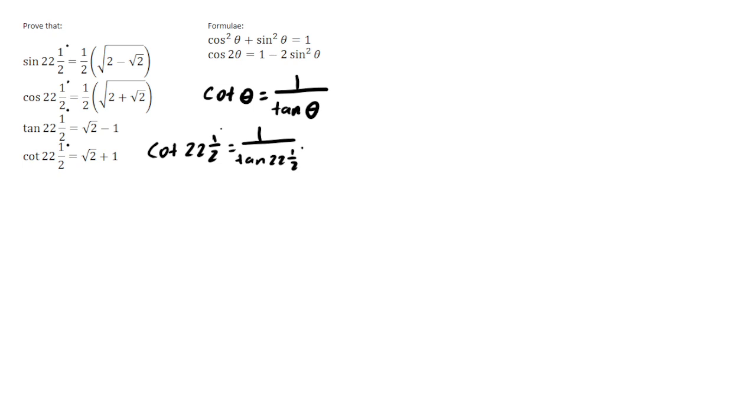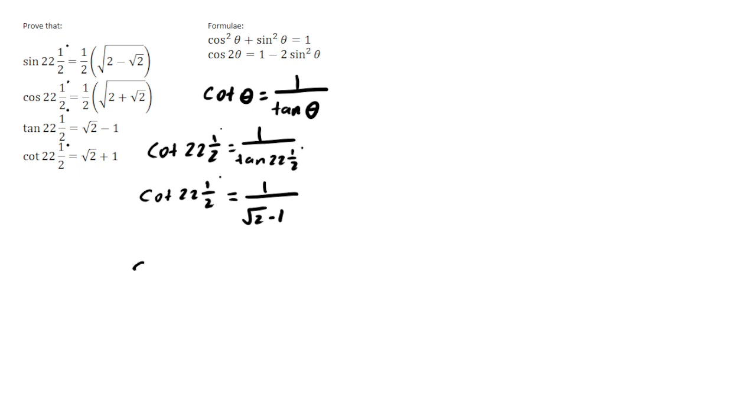Alright, so we can simplify that into cot 22.5 is equal to 1 over root 2 minus 1. And just like what we did while proving tan 22.5, we have to take the conjugate pair of this and multiply it with the numerator and the denominator. The conjugate pair of this is obviously, as you should know by now, root 2 plus 1.